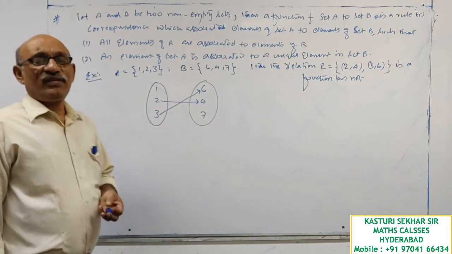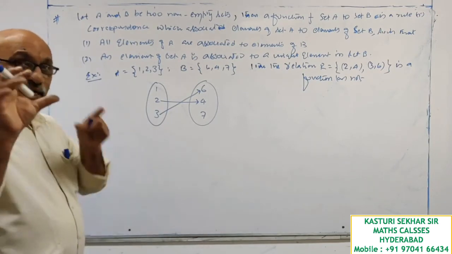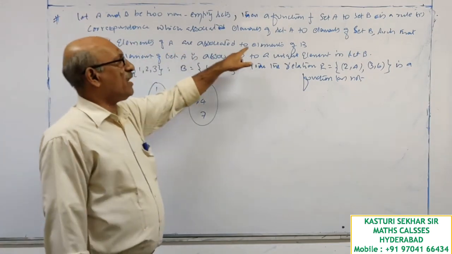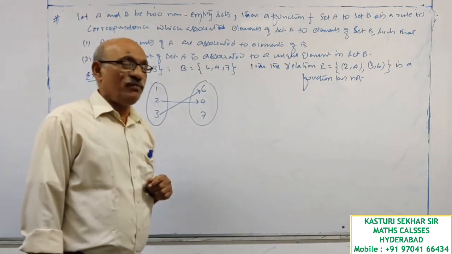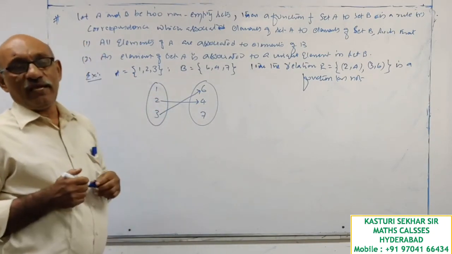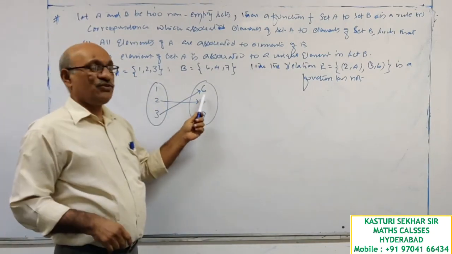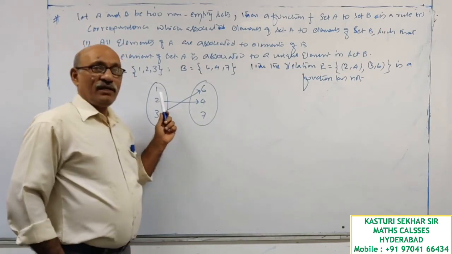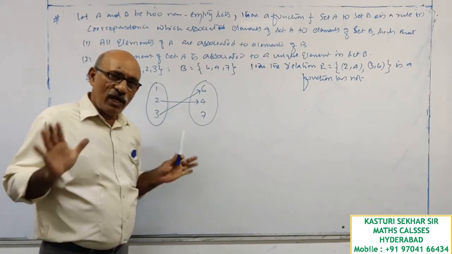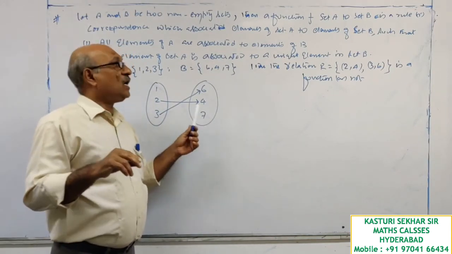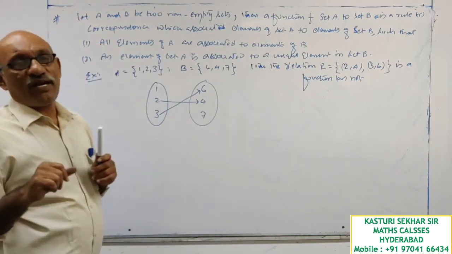Now, when will I say the given relation is a function? It has to satisfy the conditions. All elements of A are associated to elements of B. Look at this here. An element 1 in set A has no association with any element of set B. Therefore, first condition is not satisfied.